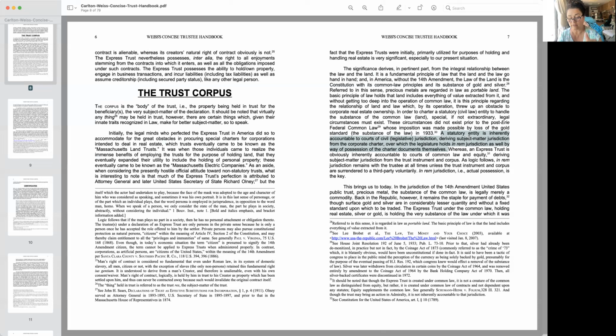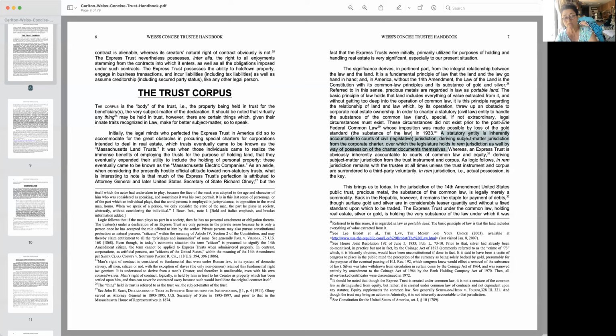Wait, let me just look at what is actio in rem? Let's find out. Action in rem. Legal definition of action in rem: when there is a dispute related to a property title and the rights related to the title, the court will use action in rem. The term action in rem originates in Roman law. All roads lead to Rome. Proceedings in admiralty. Action in rem is closely related to maritime law.